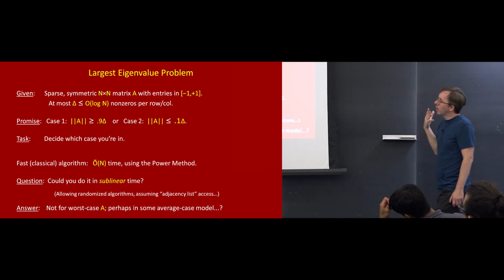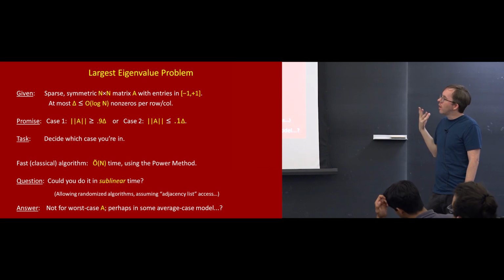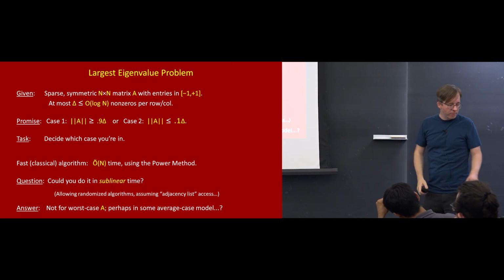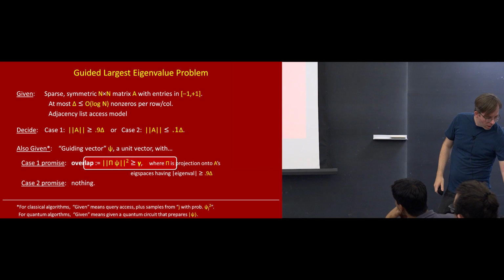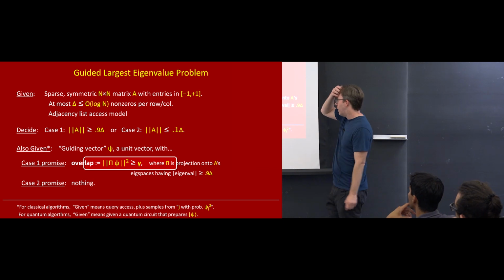This is why I went back to the slide I missed, because we are interested in the possibility of solving these problems in sublinear time in the dimension. Sorry, I did this in a funny order.